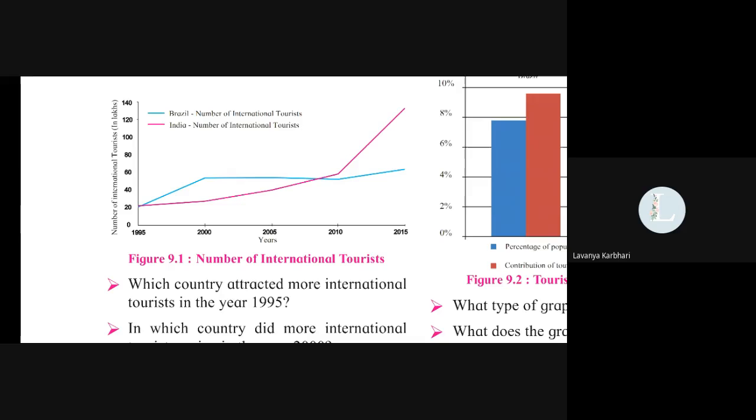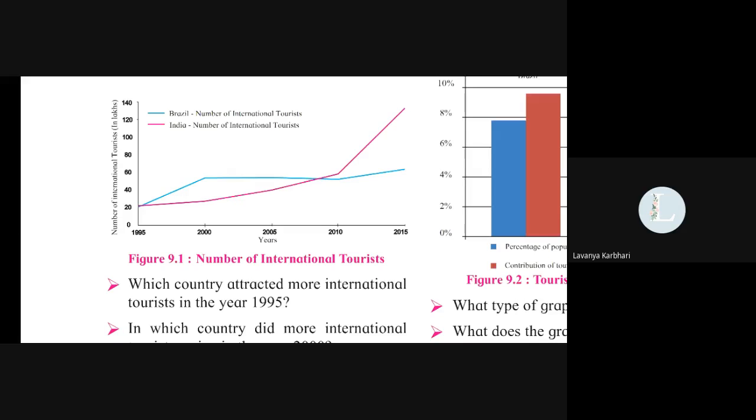After 2010, it takes a sharp increase, a sharp inclination. From 2010, the number of tourists that visited India increases sharply in large number. If we take the example of 2015, almost 140 lakh international tourists visited India. Foreigners come to India as a tourist destination.